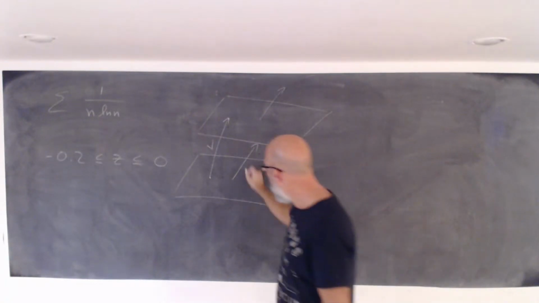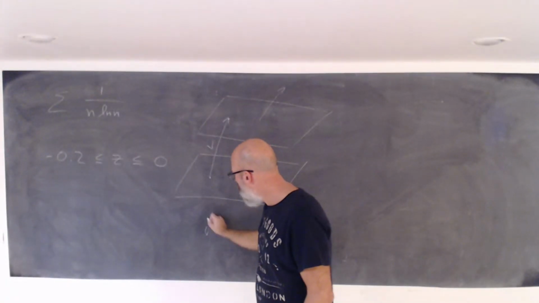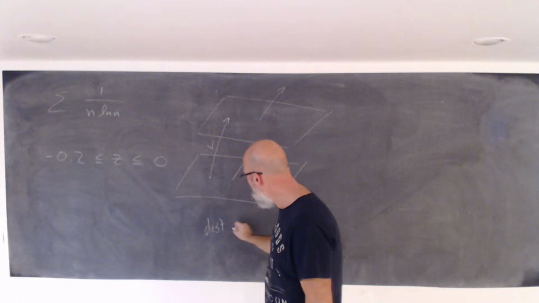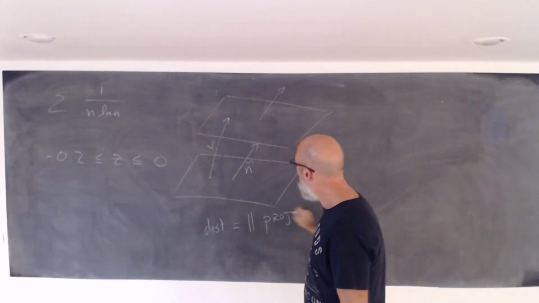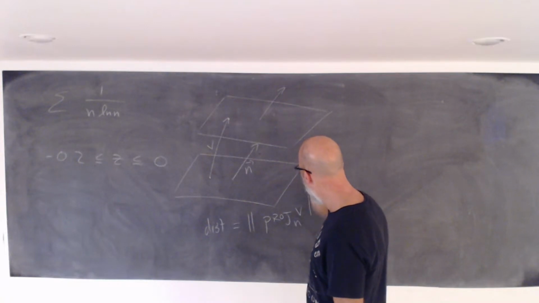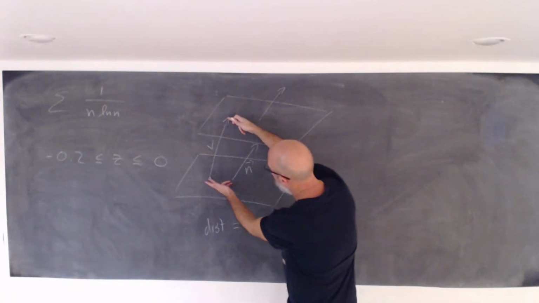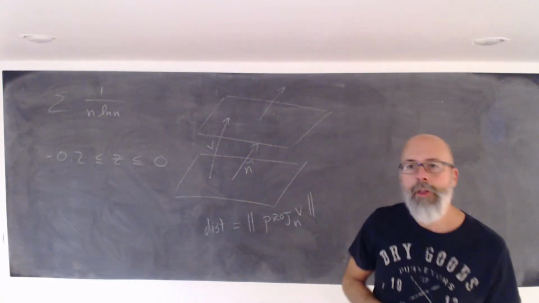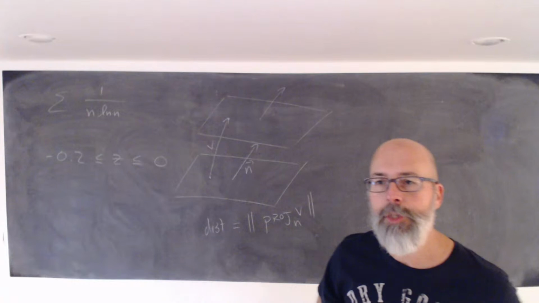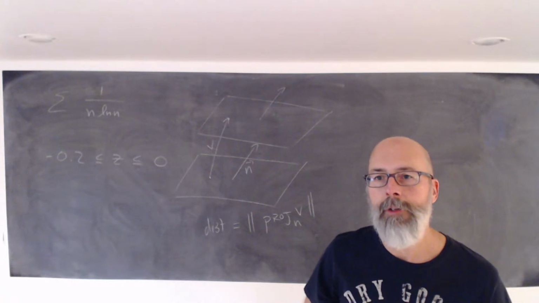The distance between the two planes is going to be the length of the projection of v onto the normal, right? That's going to give you exactly the distance between the two planes.